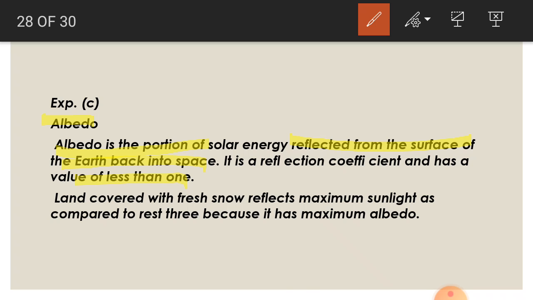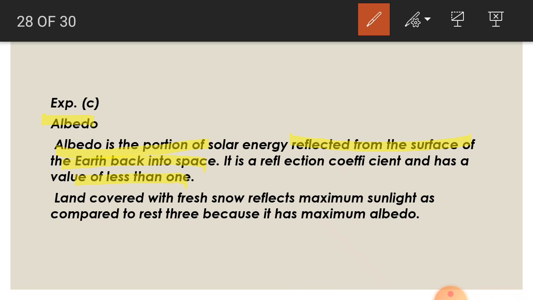maximum albedo. So basically, as sunlight enters our atmosphere, some of it is reflected from the clouds itself, some is reflected back into space, and some portion which enters our atmosphere is then reflected from objects, from sand, or snow.